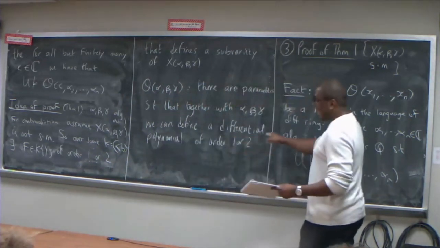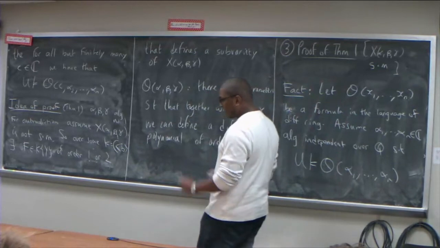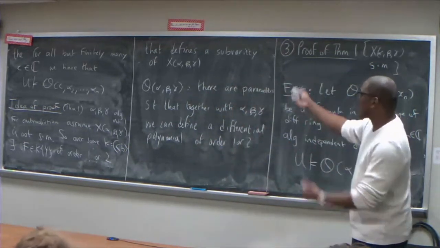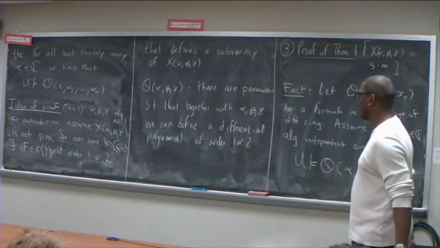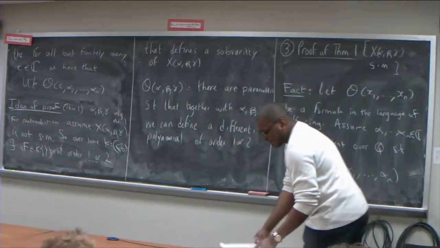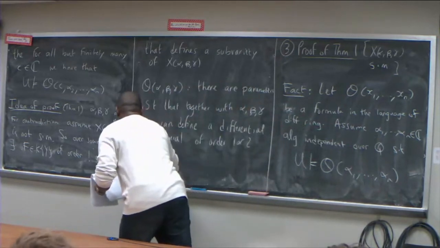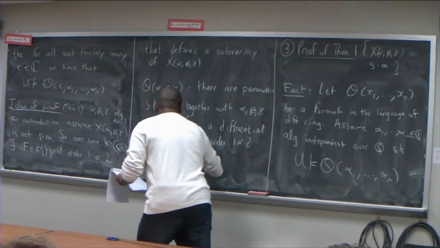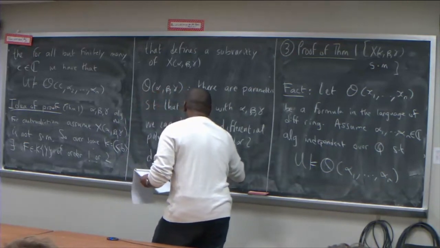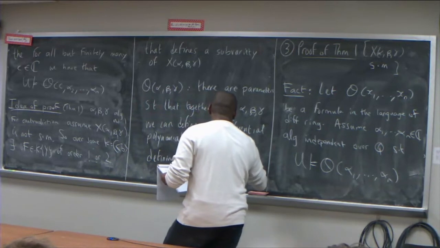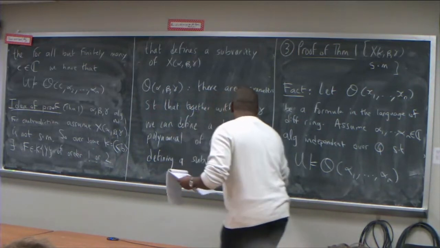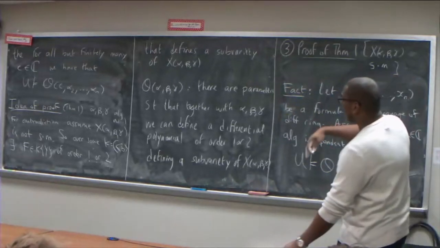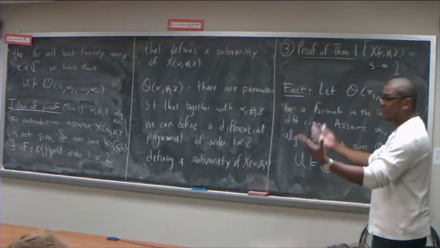So for this, you're going to have to perhaps quantify over the non-constant parameters, saying that there exist parameters that don't make the coefficients vanish, defining a subvariety of X alpha beta gamma. Okay, so there's a way to write that formally using the language of differential rings.